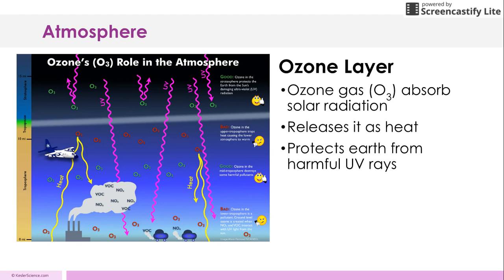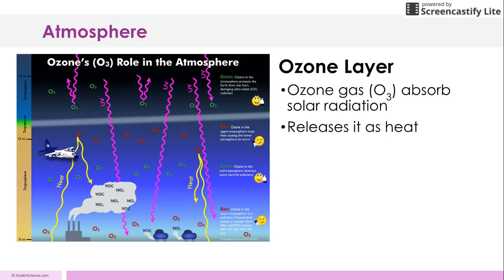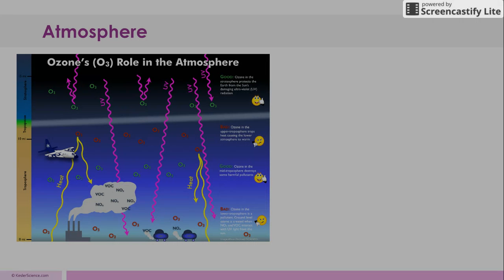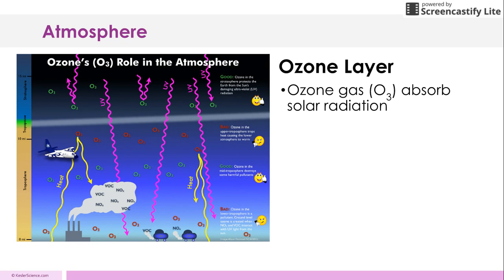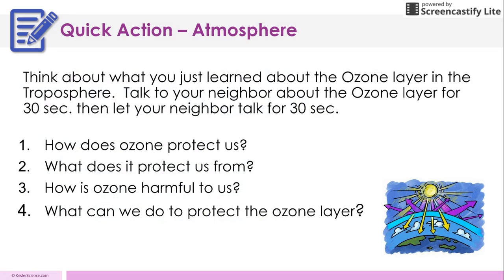So again, for the ozone layer, the ozone gases absorb solar radiation, release it as heat, and then protect the Earth from harmful UV rays.